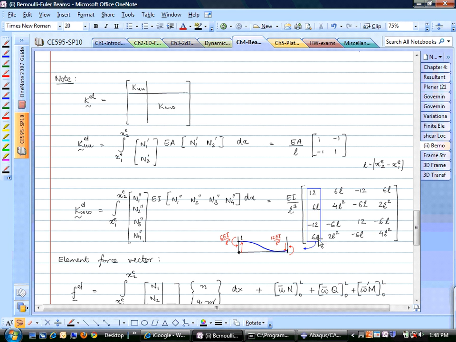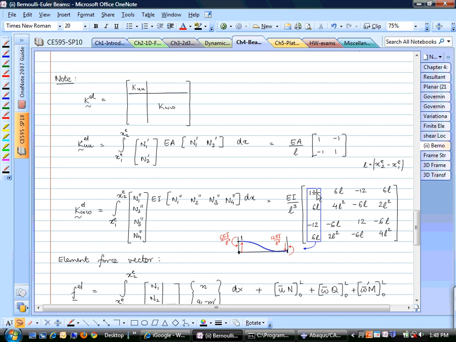So this one column is in force equilibrium and in moment equilibrium. And if you remember, when we constructed the element stiffness matrices for triangular element or Q4 element, the sum of any row or any column should be 0. But since this is a bending element, the two components of the forces, plus 12 and minus 12, they cancel out.